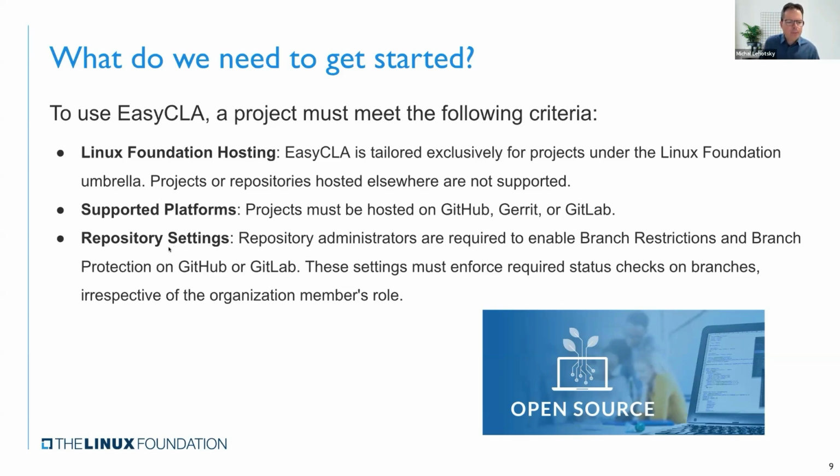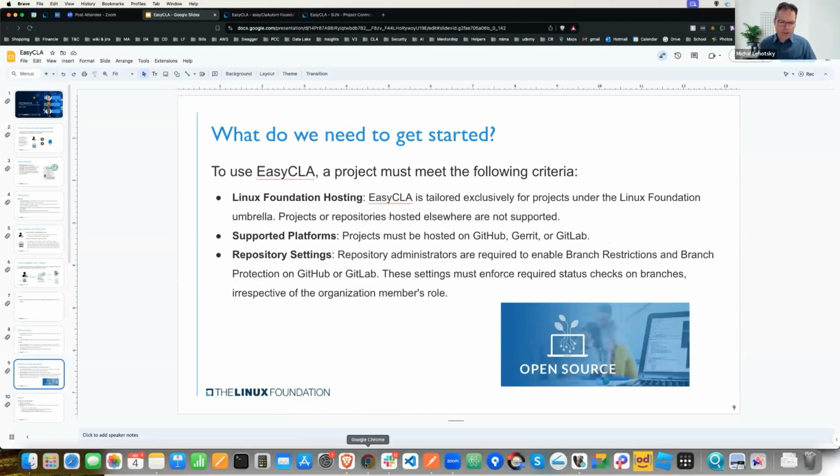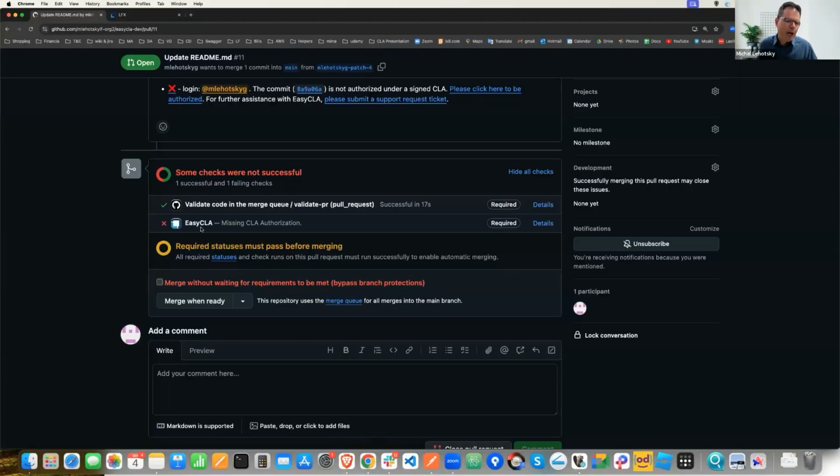And then repository settings. In order to enable EasyCLA on your GitHub repository, you need to be an owner of that GitHub org. As I mentioned, EasyCLA is just a GitHub app.